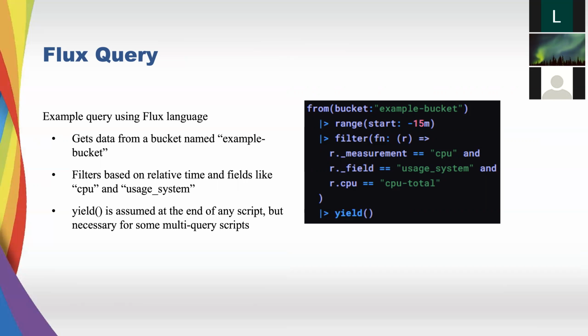What this particular query does is basically say, if we're looking at a particular bucket, we're going to get a bucket called example bucket, and then we're going to use the pipe forward operator there in blue to then filter by a time range.